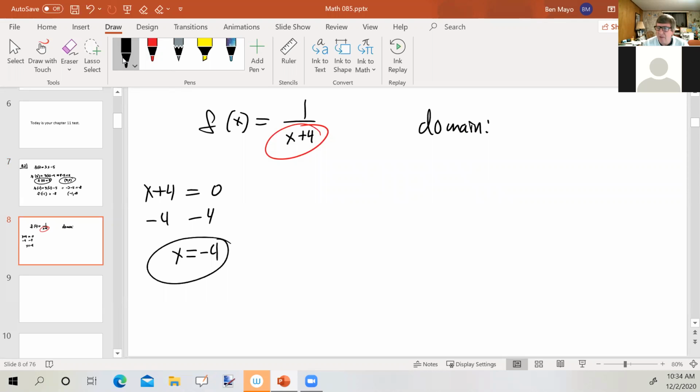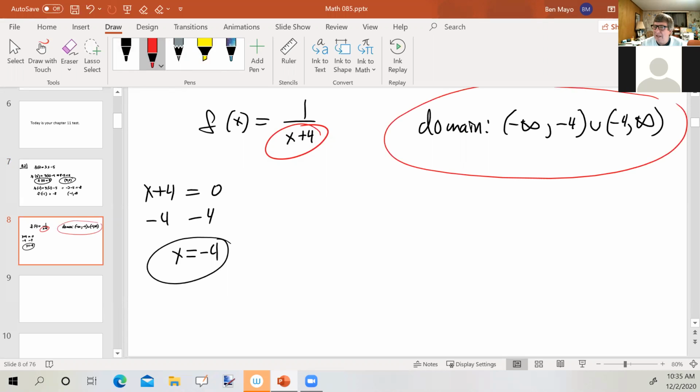So when x is -4, we don't get a real output. So the domain is everything but -4. Now, to say that in interval notation, we would want everything from -infinity up to but not including -4, in union with everything after -4 on up to +infinity. So basically, this is all real numbers, except we are excluding -4. Any questions there?